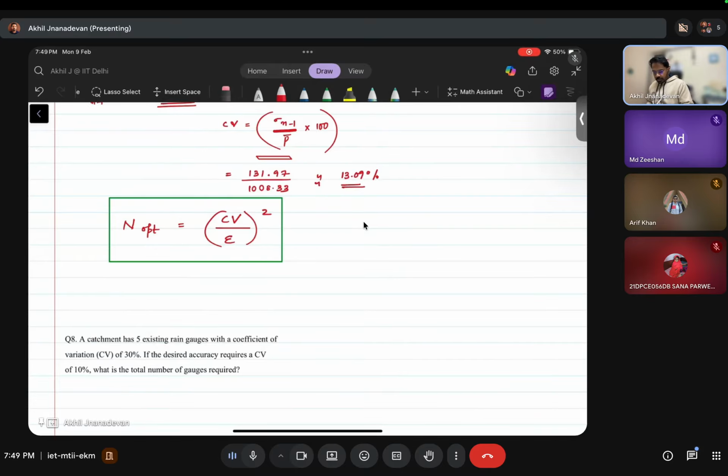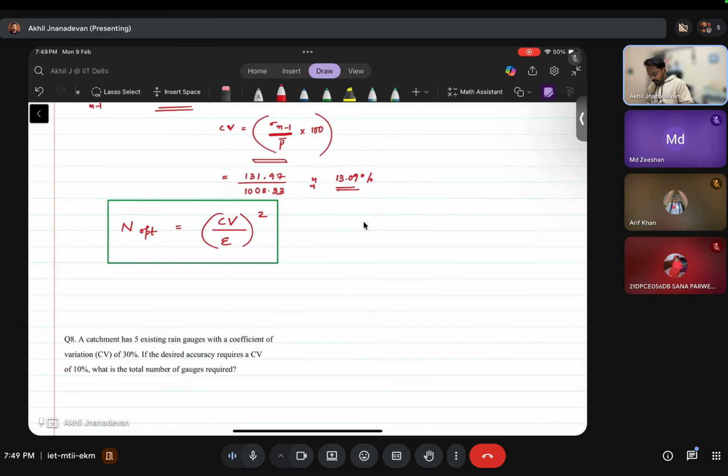And the coefficient of variation is given by 13.09. Make sure that you substitute both in percentage or both in decimals. Divided by 8. Here both are in percentage, the whole square.